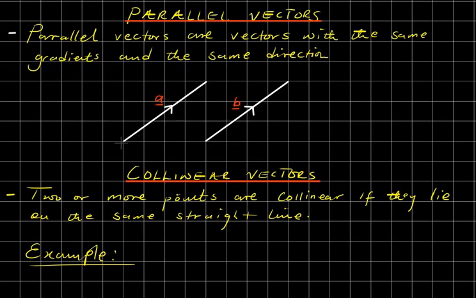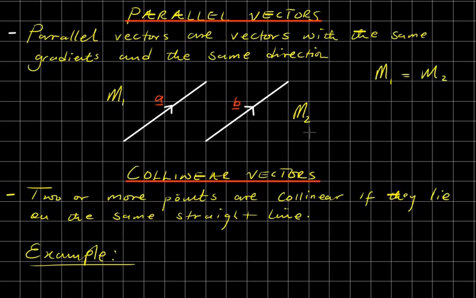Let's call the gradient for vector A, M1, and the gradient for vector B, M2. Because these two vectors are parallel to each other, their gradients must be equal. Two vectors are parallel if they have the same gradient. So M1 is equal to M2.